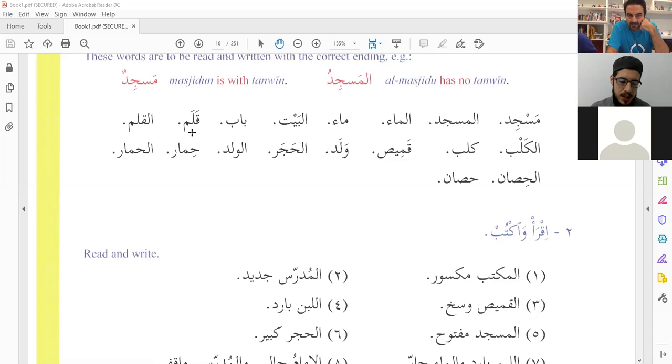Qalam. Excellent. Al-qalam. Fantastic. Exactly. We have a pair here, so we did both of them. Qalam, which is indefinite, no alif lam, so it has to have the tanween. And al-qalamu, alif lam, it's definite, it loses the tanween and only gets one dhamma instead of two.